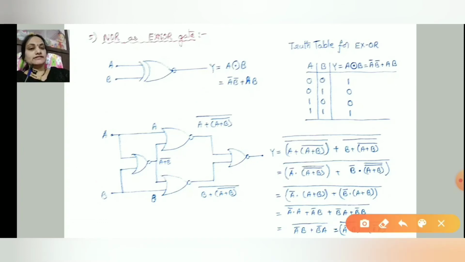Okay? What is this? A plus B whole complement, and A act as the inputs of this NOR gate.